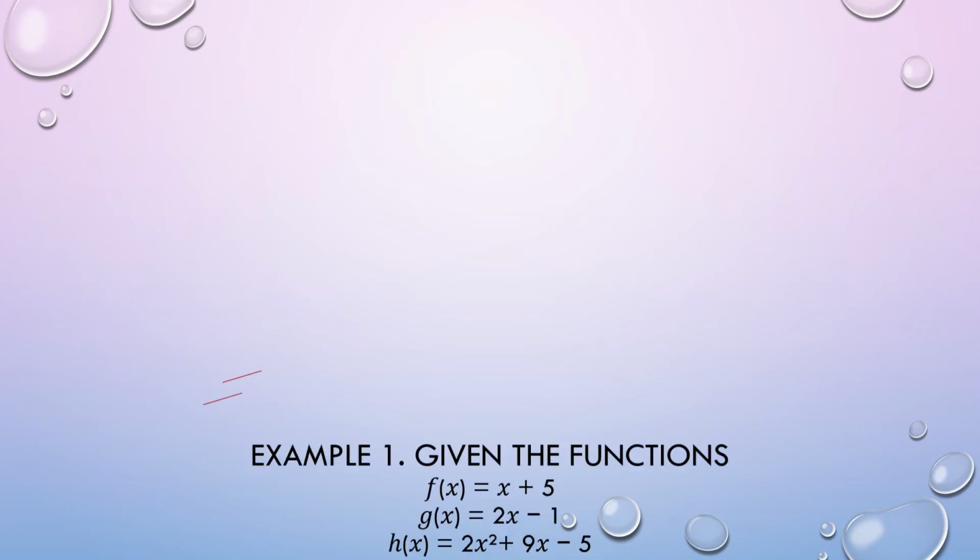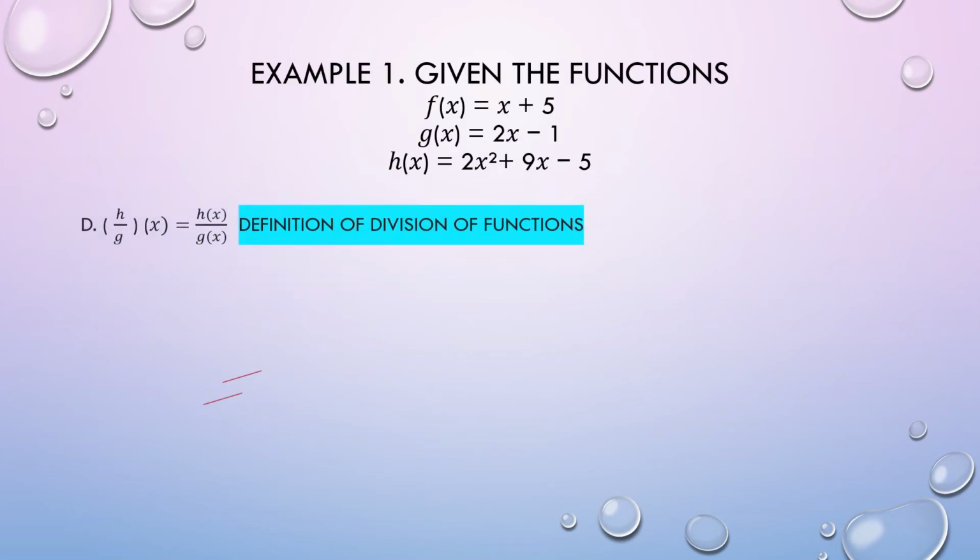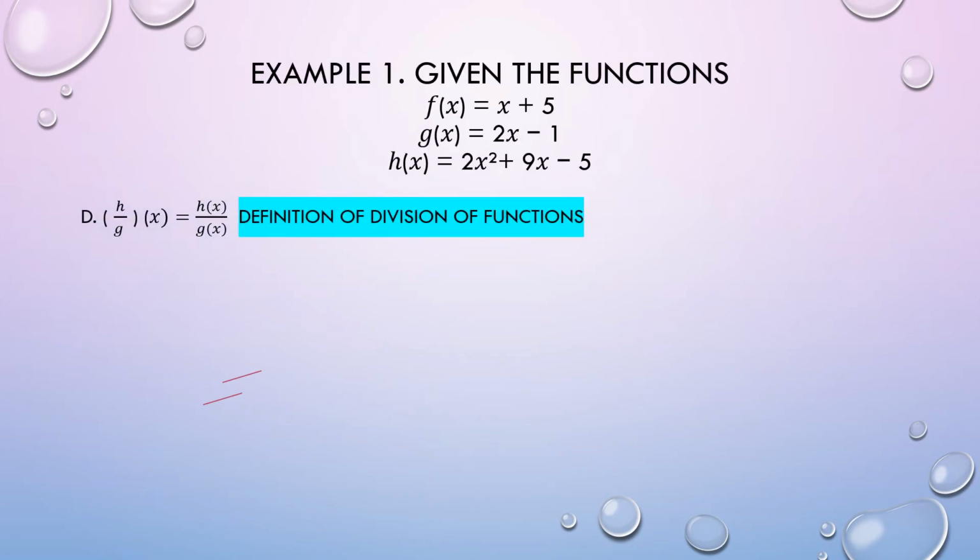Next, the same function. This time we're going to divide the two functions. We will divide h and g at x is equal to h at x divided by or over g of x by the definition of division of functions. So this time we're going to use h, this one h, and g.